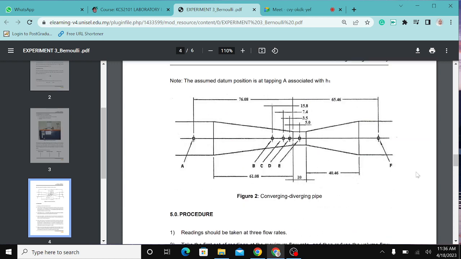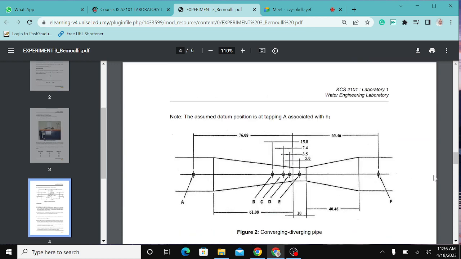And you have a converging to diverging pipe. You can see this figure.